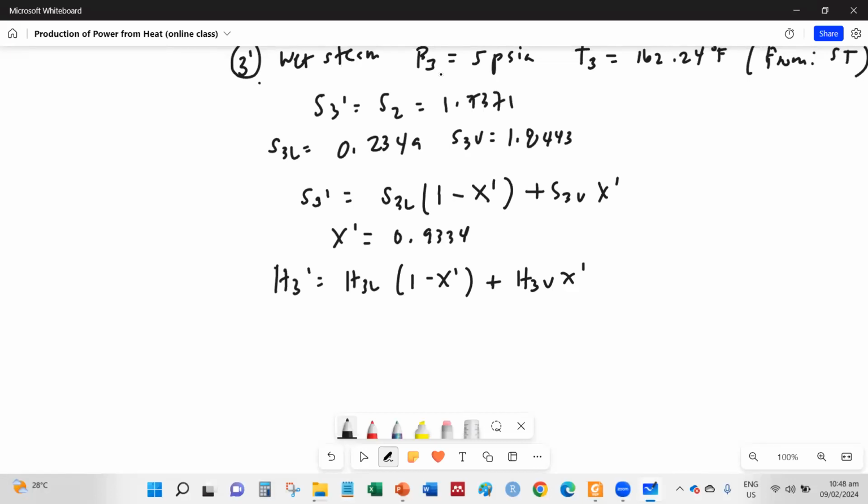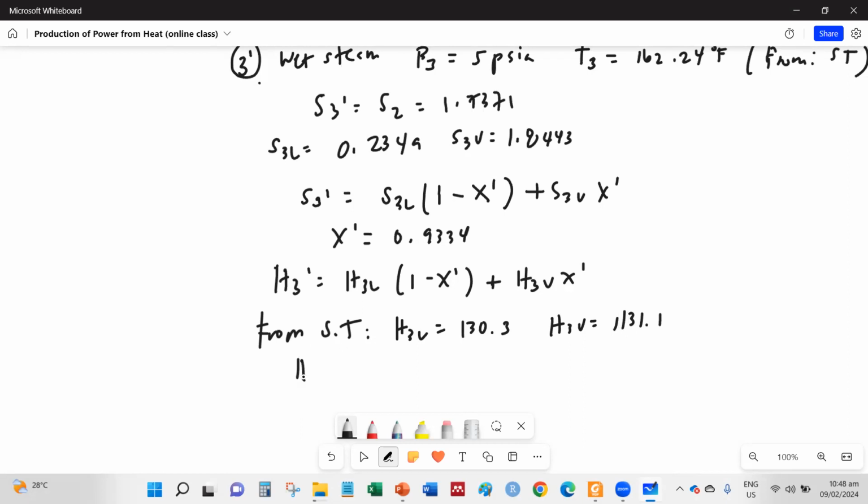So we can read it from the steam table. From the steam table, H3L is 130.3 and H3V is 1131.1.